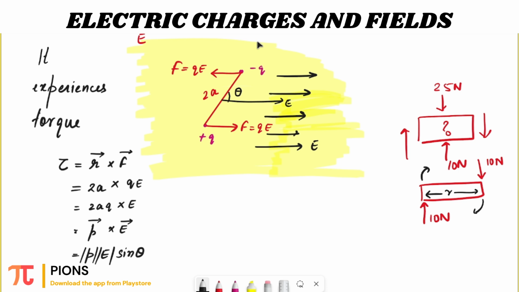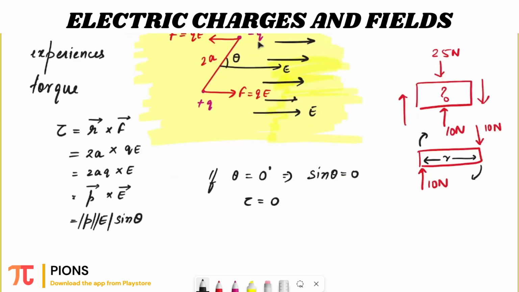If the dipole is aligned along the field, then theta will be 0. So let me just write here, if theta becomes 0 degree, sine theta will become 0. And in that case, the torque will be 0 experienced by the dipole. If the theta becomes 180 degree, just opposite, then sine 180 is again 0.